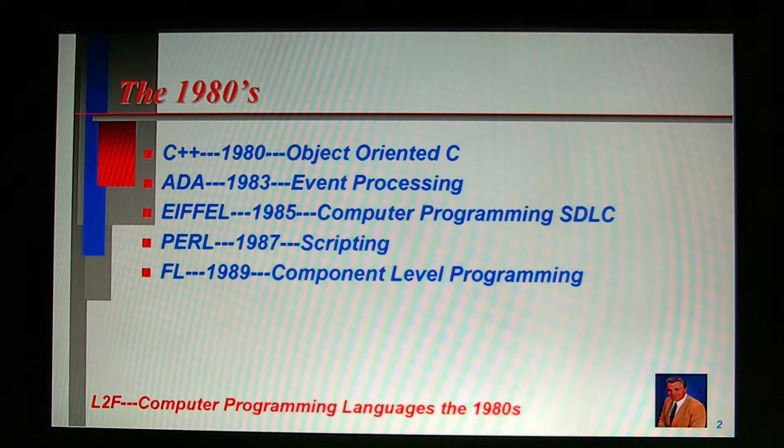The FL computer programming language was used to create specialized function modules or components that could be reused by other computer programming languages. Each of these computer programming languages found a useful role in the new client-server platform architecture, a computer platform architecture created as a result of the microcomputer generation coming of age.